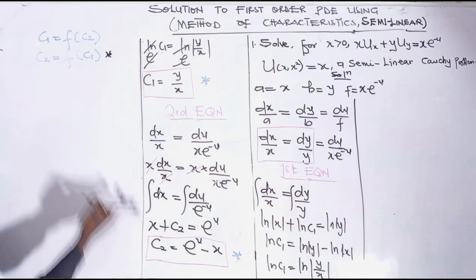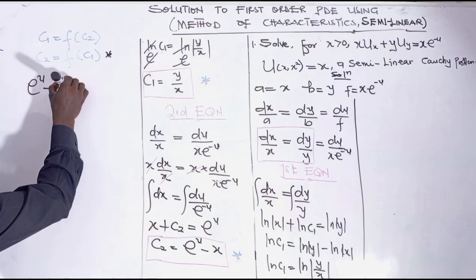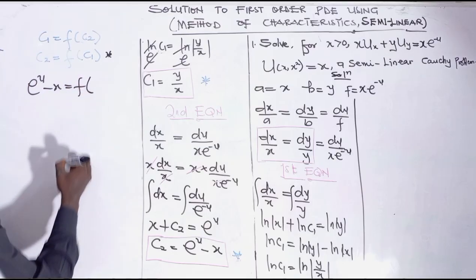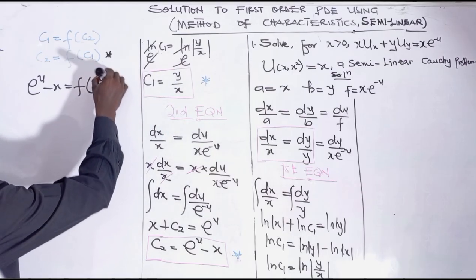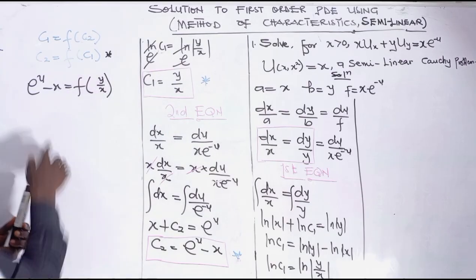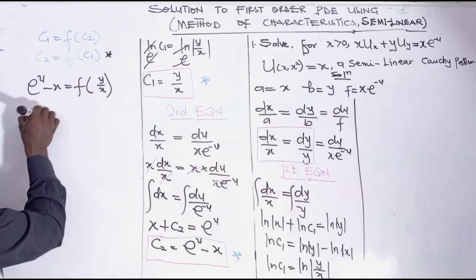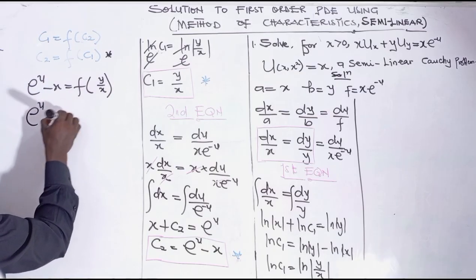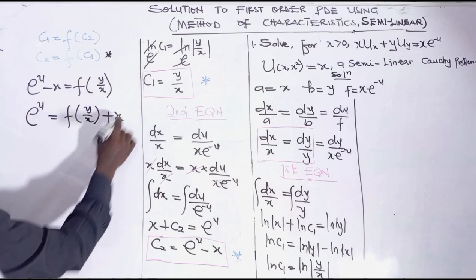So for C2 we had e exponent u minus x is equal to a function of C1. C1 we had y all over x. We want to make u the subject, right? So let's bring this x to the right hand side. We have e exponent u is equal to a function of y over x plus x.